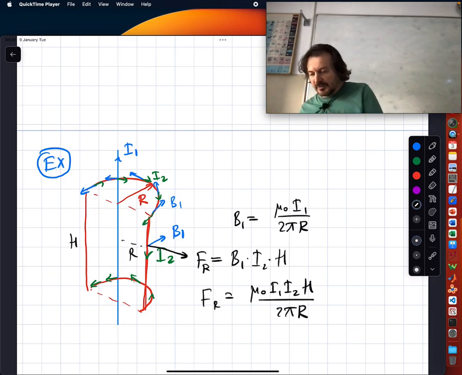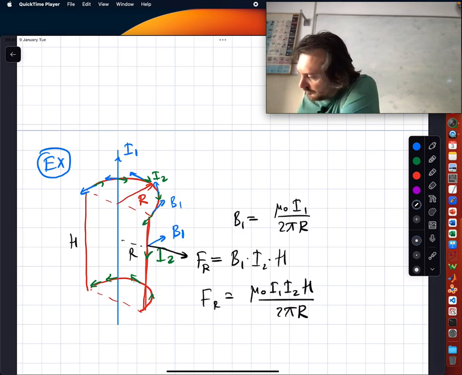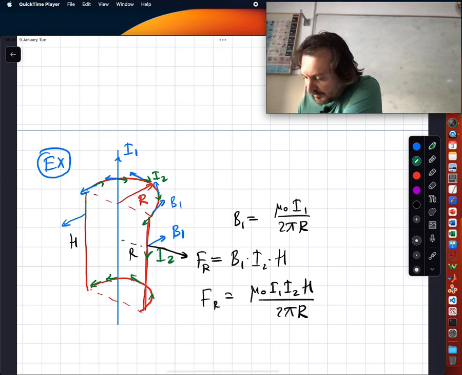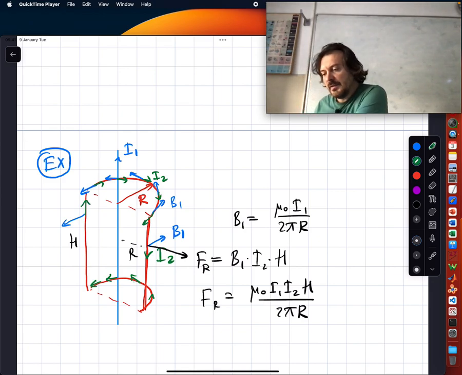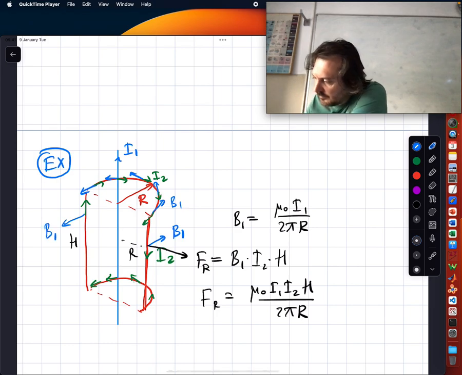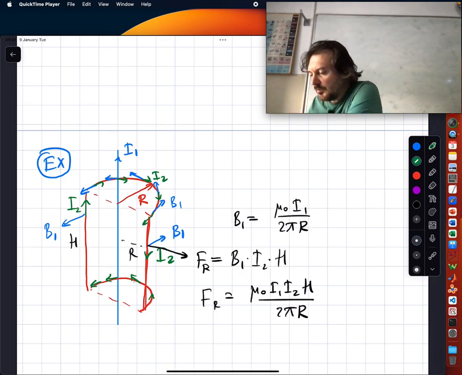How about the left part? For the left part, the magnetic field is going this way and the current is flowing up. Which way is dl cross B? What do you mean by into the page?